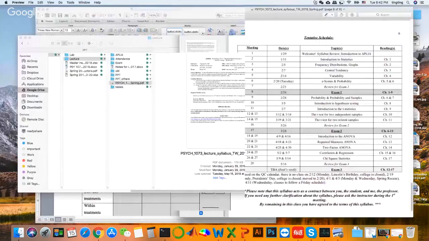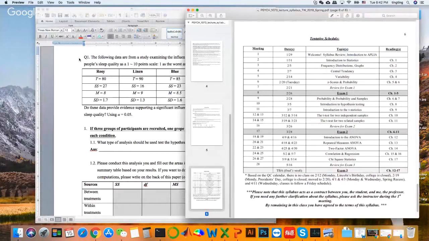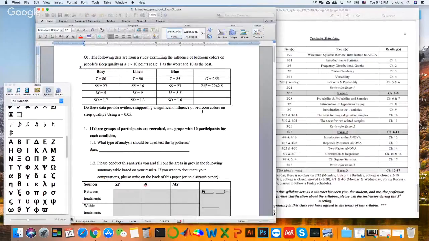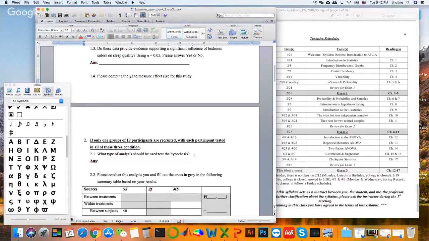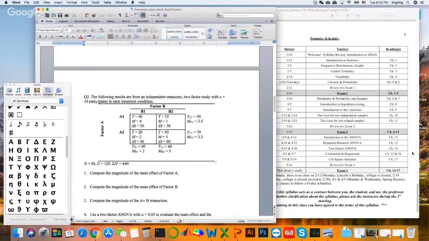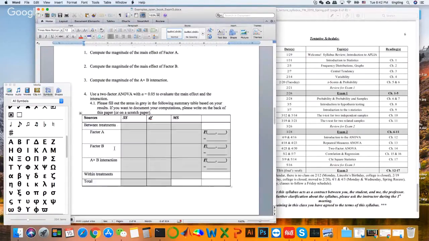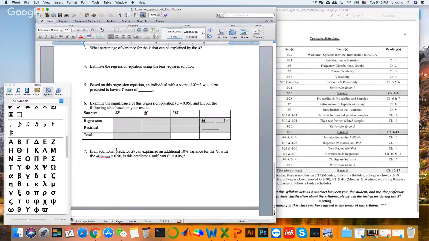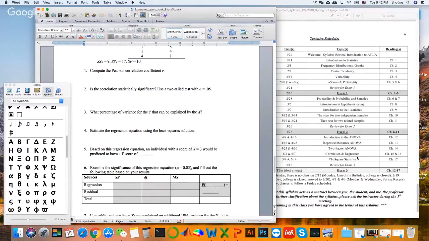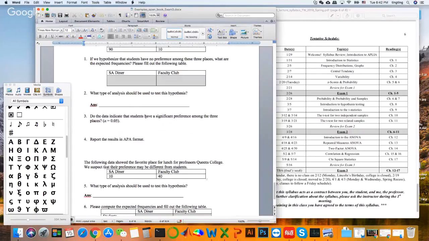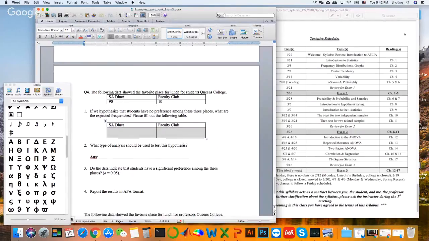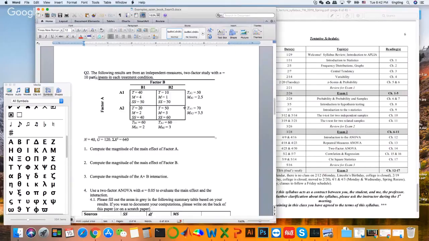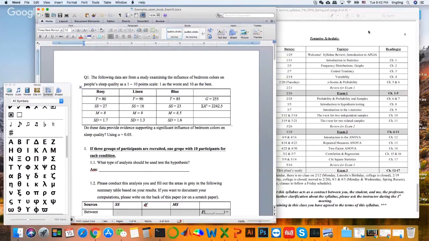So in this example right here, we have one question for the independent measure one-way ANOVA, one question for the repeated measure ANOVA, and one question for the two-factor ANOVA, one question for correlation and regression, and the last question for the chi-square statistics. So let's go through the question one by one.